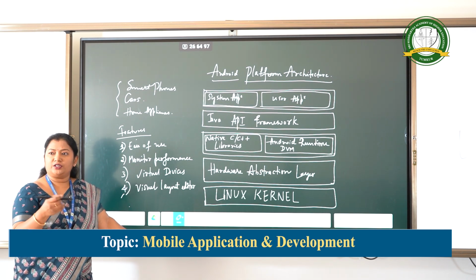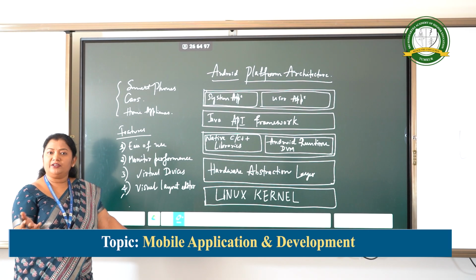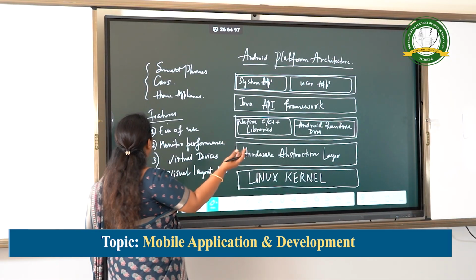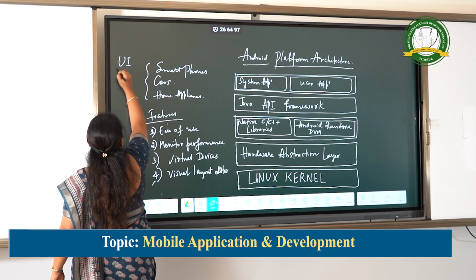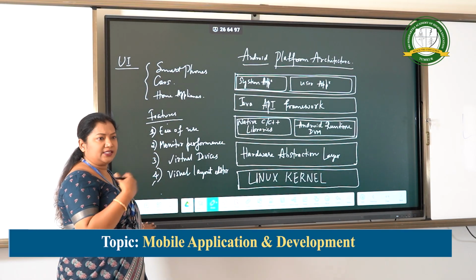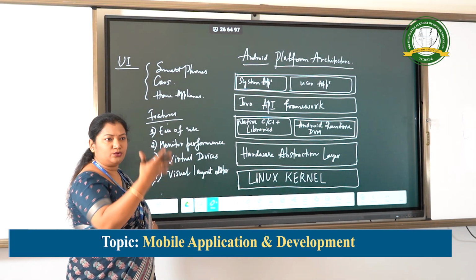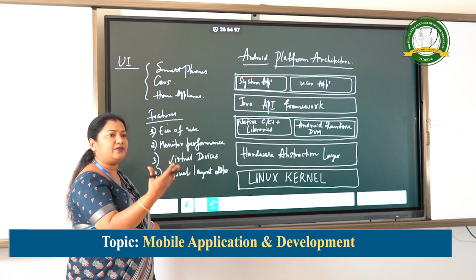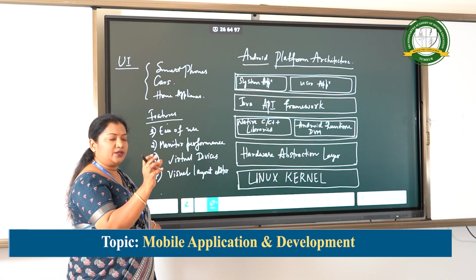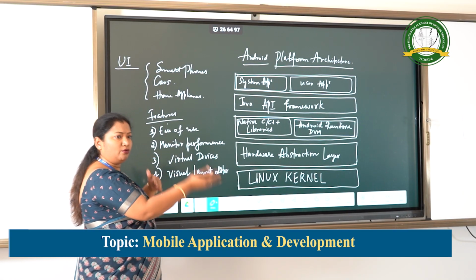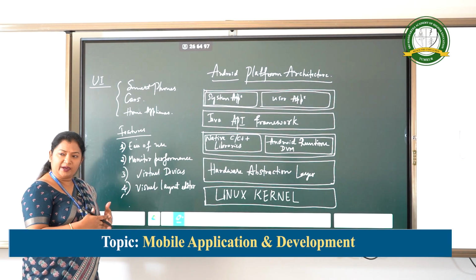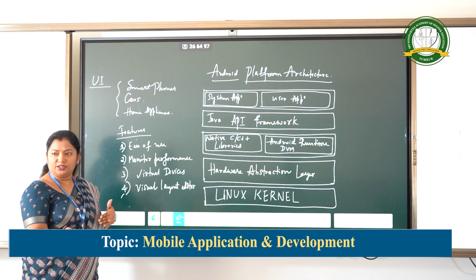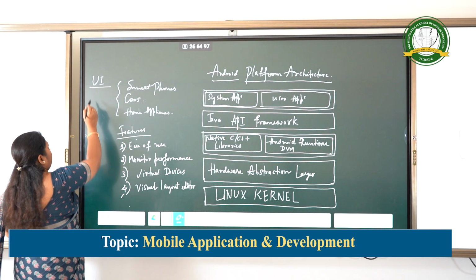Depending upon the screen size of the device, my application should display to the user. Along with that, whatever UI I implement within the app. What do you mean by UI? UI is nothing but user interface. Whatever I can see with my naked eye through my app, initially from the login page. Once you give username and password, you get into the home page. What are the features or activities I can do in the home page, and later to which page I can jump. Let me take an example of Gmail.